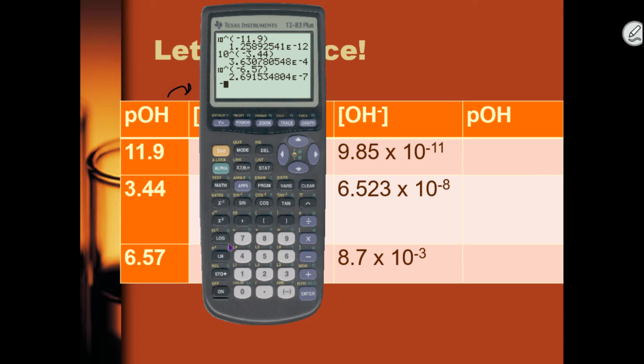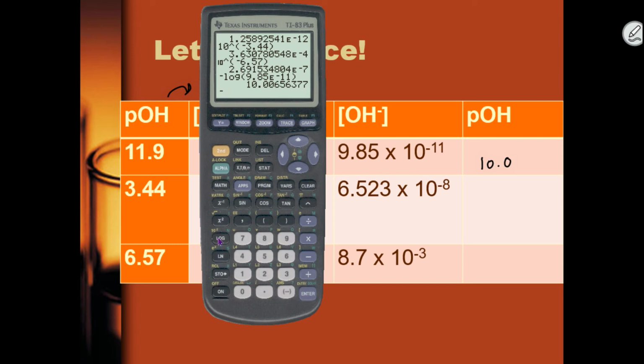Now I can use the negative log of 9.85 E to the power of negative 11. And that gives me 10 point. And here, I'm looking for 3 sig figs, so 10.0.